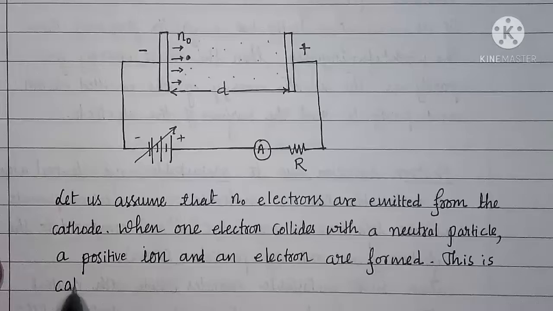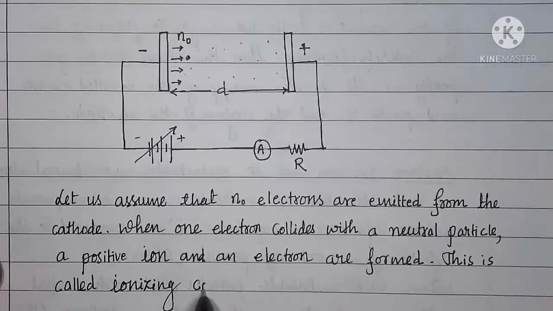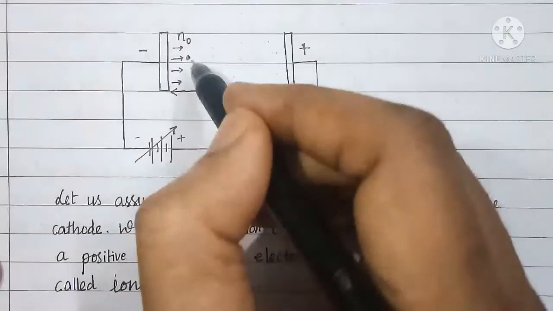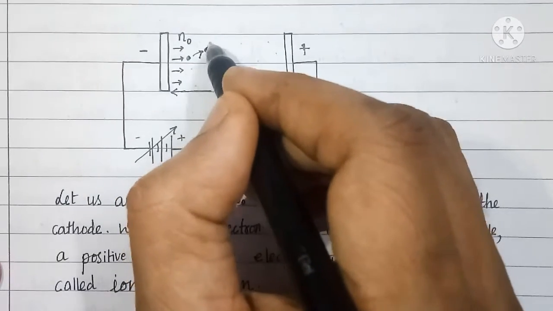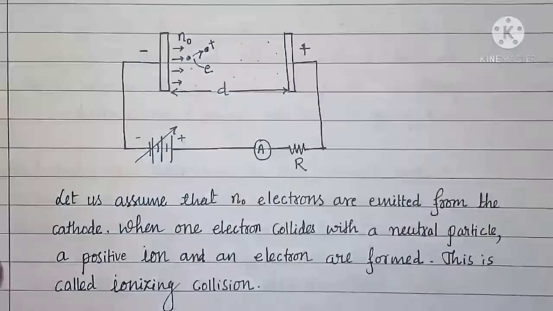So we are going to get here one ion and one electron.